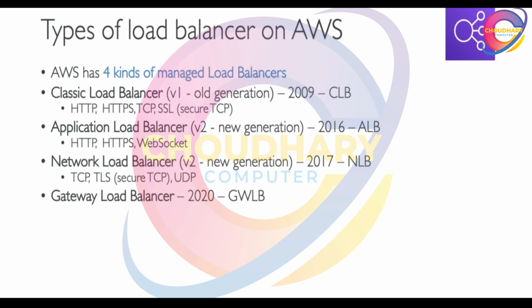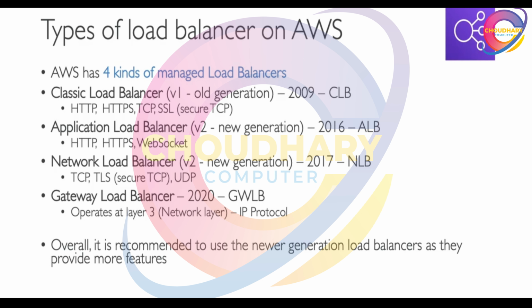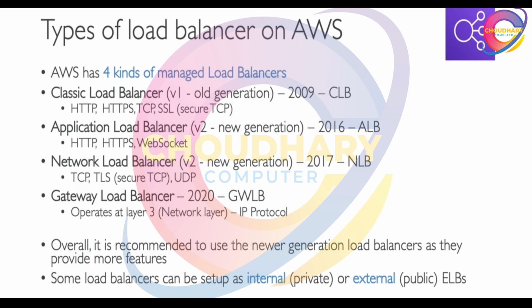And then finally, we have the gateway load balancer from 2020, GWLB, which operates at the network layer, so layer 3, and the IP protocol. So overall, it is definitely recommended for you to use the newer generation load balancers as they provide more features. And some load balancers can be set up as internal, so private access for the network, or external public load balancers, for example, for your websites and public applications.